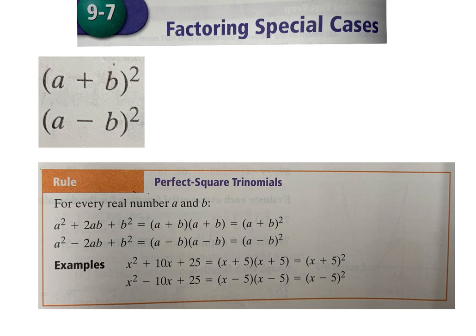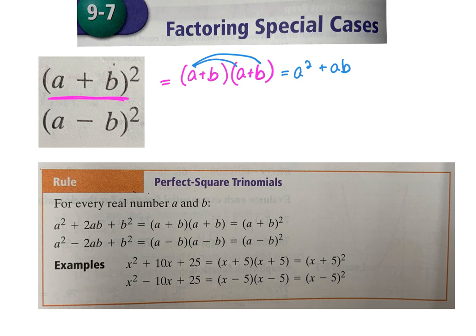This was the special case foiling. So for this top one, if we were to see something like this, that just means A plus B, A plus B. And when you foil something like that, what you end up with is the first one squared, and then you end up with a repeated term, A times B, A times B, and then you end up with the last one squared.